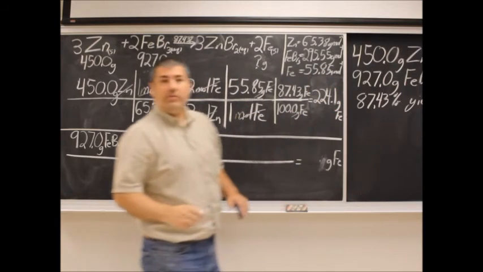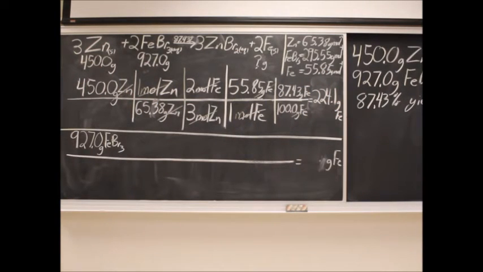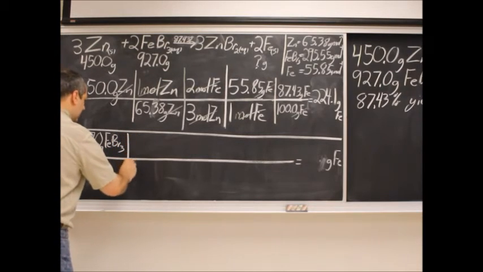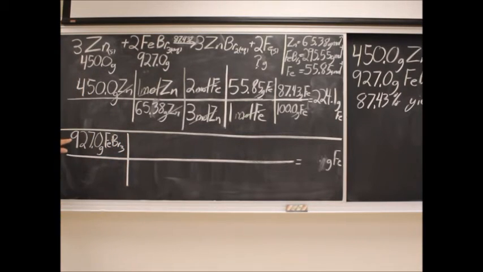And we still want grams of iron. Put this down. We use the same procedure. So we have grams of iron 3 bromide, but we want grams of iron.